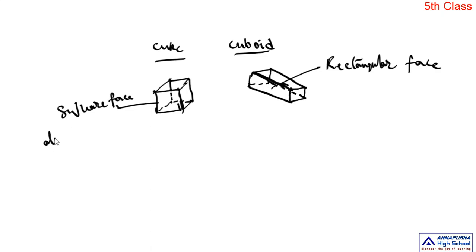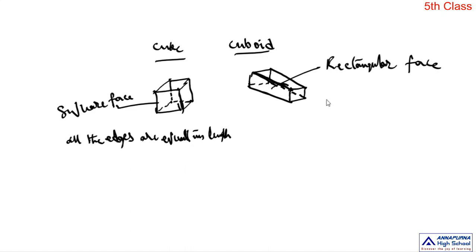All the edges are equal in length. What is the difference between cube and cuboid?